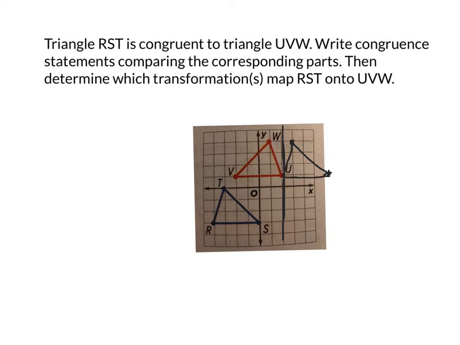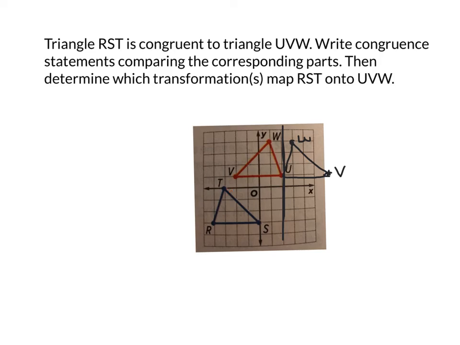And I know I'm off my graph a little bit. So this is my new point W, and this is my new point V. Now this helps me visualize that this triangle corresponds directly here. I could slide it right down onto this triangle RST, and it would match up perfectly.